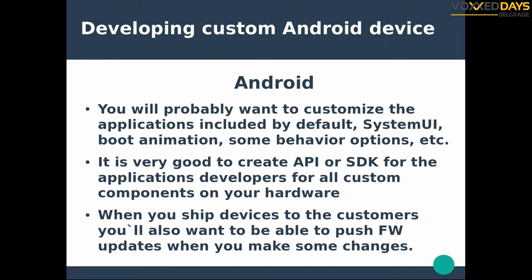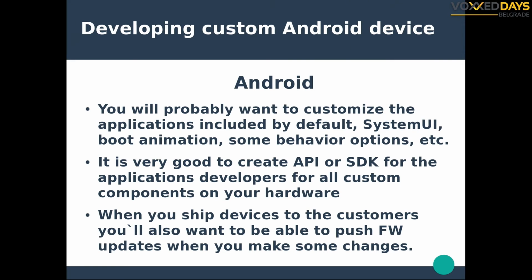So you can customize the applications that come with your system image by default. You can customize the look of Android. You can change the system UI, usually on the phones the notification bar, status bar, and navigation buttons, home, back. So you can put your own. That is something that Android gives you the option.